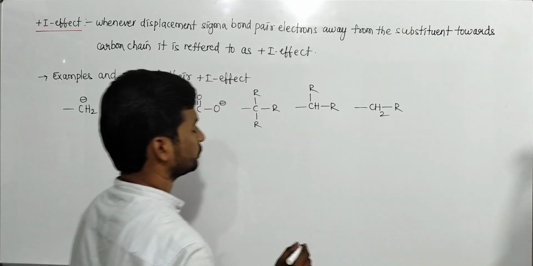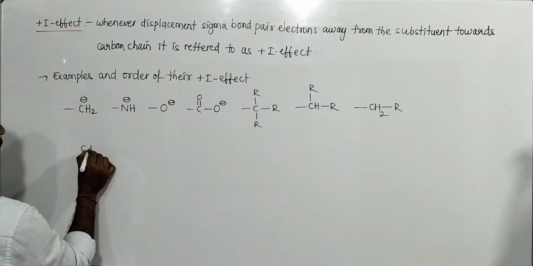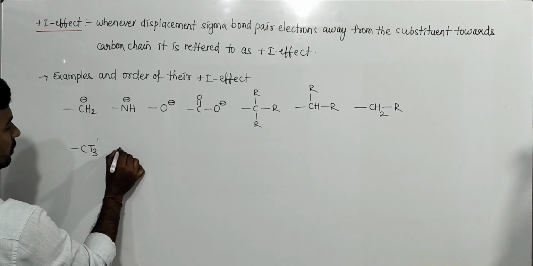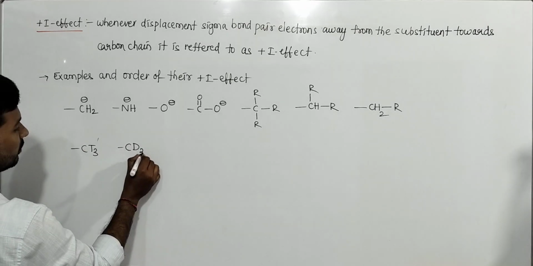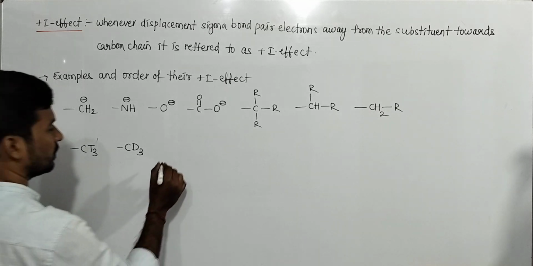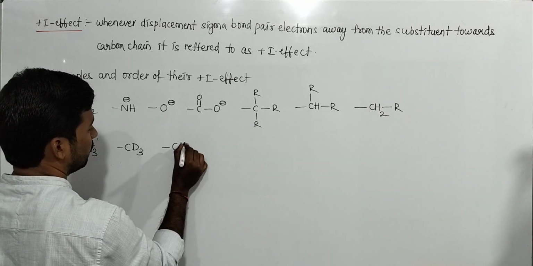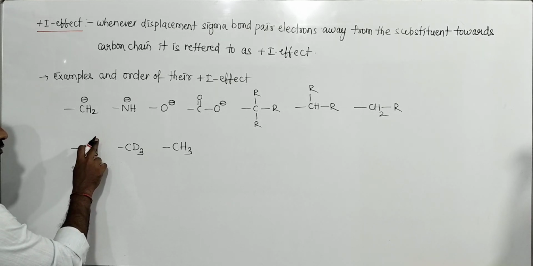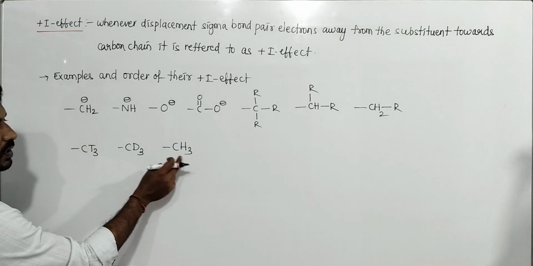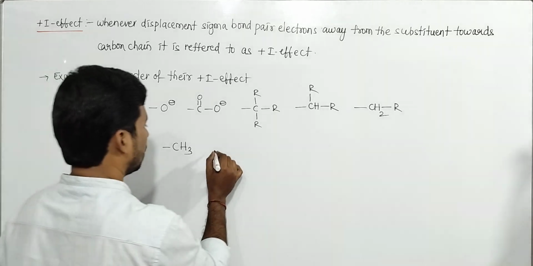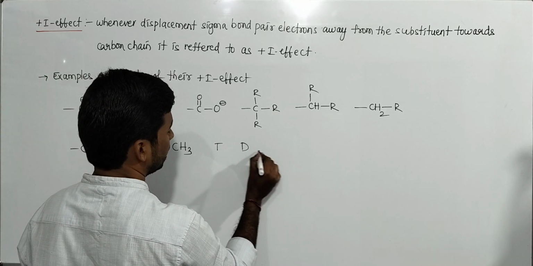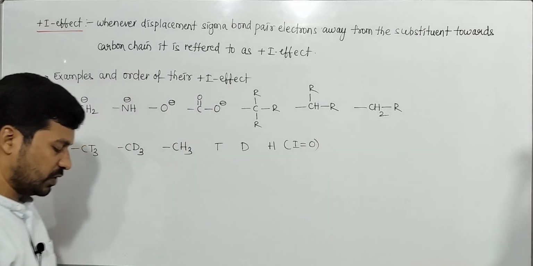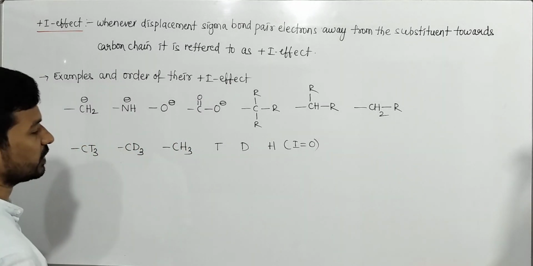After that, the CT3 tritium group, then the CD3 deuterium group, then carbon with hydrogen, the methyl group. That is carbon with isotopes of hydrogen: tritium, then deuterium, then hydrogen. What is the inductive effect of hydrogen? Almost 0. Positive inductive effect 0, negative inductive effect 0.